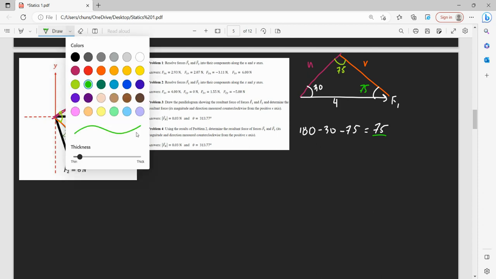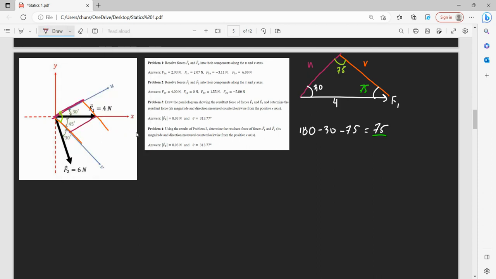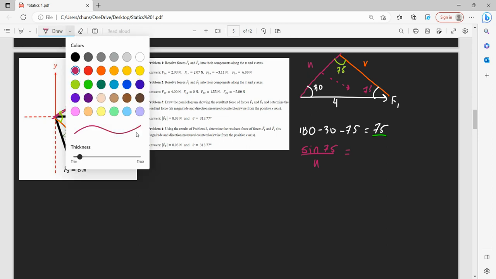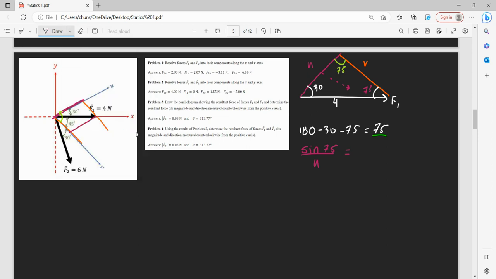Okay, so now we can use sine law to solve this. Let's start with our u. So sine 75, because this is across from u. I'm going to color code that. It is going to be equal to, and we have our given. As a rule of thumb, I like to always use the given one, even if you have more than you need.